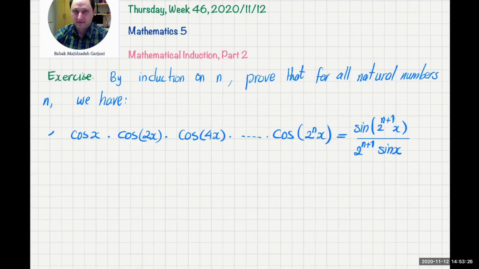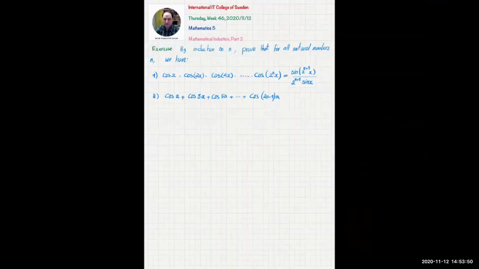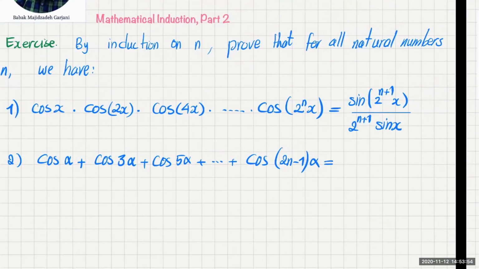Okay, so that's number 1. And number 2, I don't know if that is very simple, but if you want, you can think about it as well. Cosine alpha plus cosine 3 alpha plus cosine 5 alpha, and then you continue until cosine 2n minus 1 alpha is equal to this expression, sine 2n alpha.